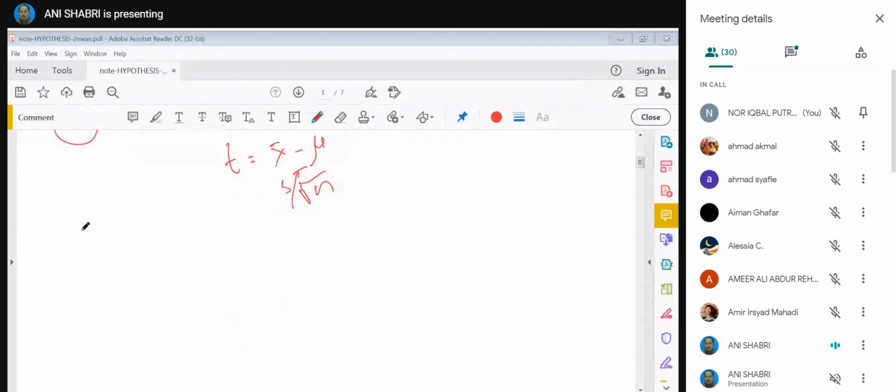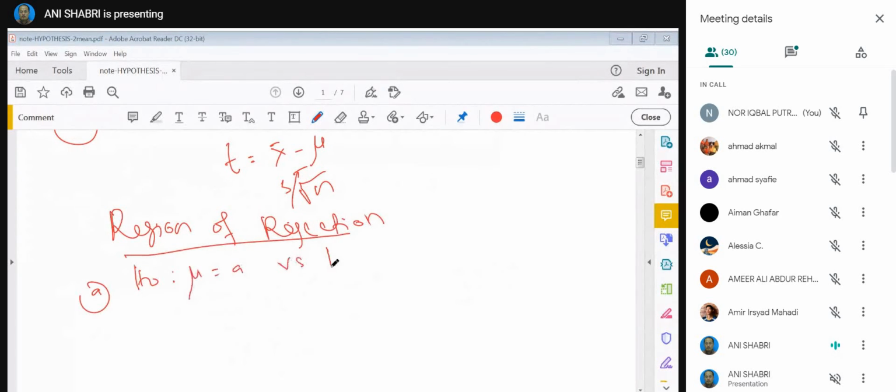We look at the region of rejection. If you want to test the null hypothesis H0: mu equals A against H1: mu not equal A, the graph is like this.